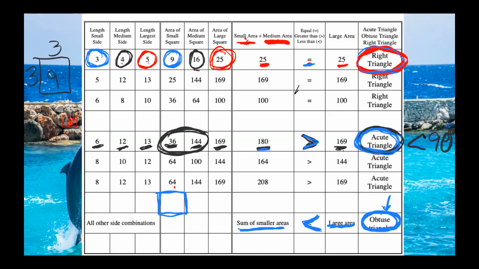We're trying to classify the inside, but we're using the side lengths to do that. So it's actually the sum of the area of the side lengths. So for example, 3 would be the side length, and you would square that, which would give you the area of the square, and that would give you the 9. So you want to take the side length squared to do it.